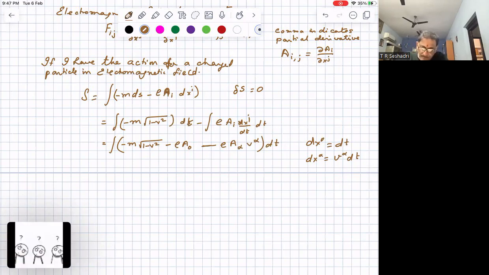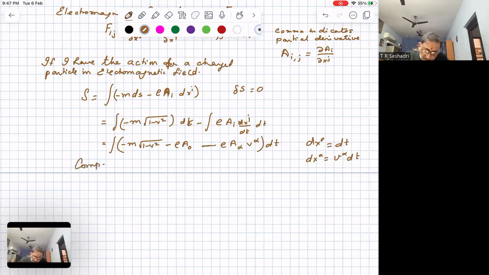Okay, fine. Now if I compare it with S equal to integral L dt, del L by del x0 will be equal to, there is no time dependence over here, so I will have only minus e a0 dot minus e A alpha dot v alpha.